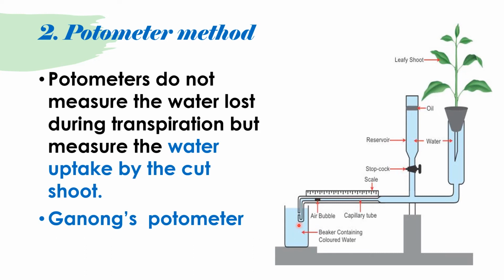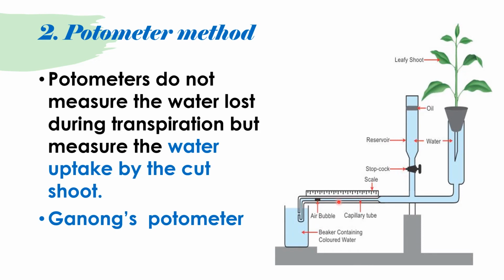Yes, a suction force is set up which pulls the water from the beaker, and the bubble in the capillary tube moves along. Then the reading on the capillary tube would give the volume of water lost in the given time, right?